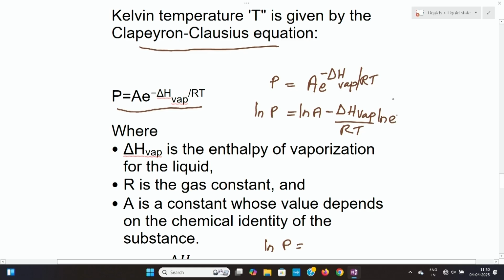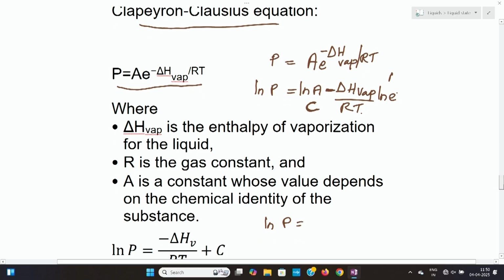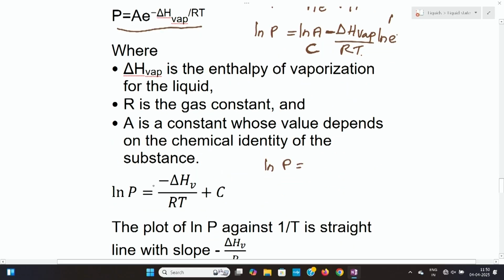Then this ln e is nothing but 1. Therefore, this will be minus delta H vaporization by RT. And here ln A we can take as C. Therefore, the equation becomes ln P is equal to minus delta H vaporization by RT plus C.